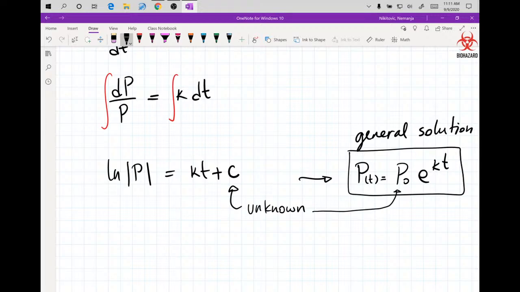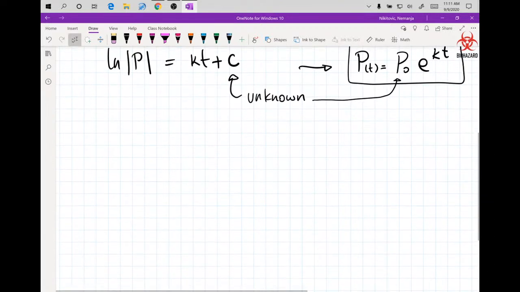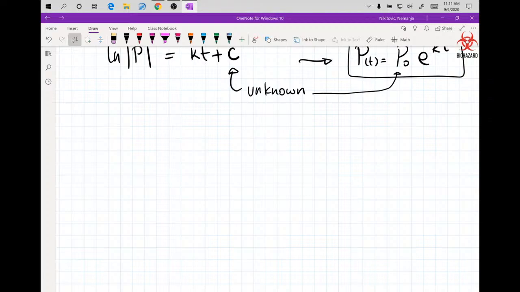Now let me explain this again using a much easier function, and then we're going to understand where it all comes from. So let's go with the differential equation dy dx is equal to x. That's it.